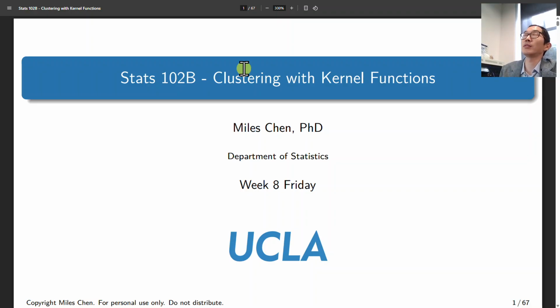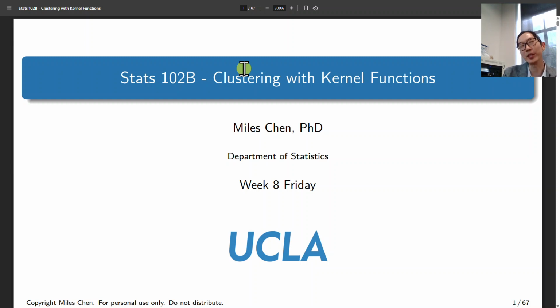So on Wednesday, we introduced clustering. We introduced k-means clustering, which is a simple clustering algorithm, but it is effective. In that algorithm, we use Euclidean distance as our measure of similarity, and whichever cluster centroid is the closest via Euclidean distance, we say that's the one the point belongs to.